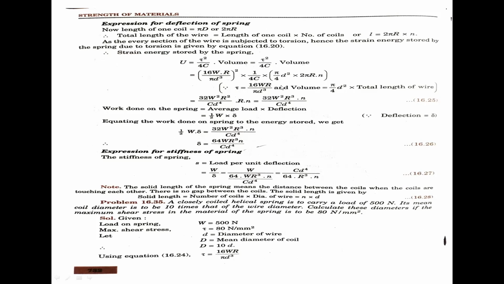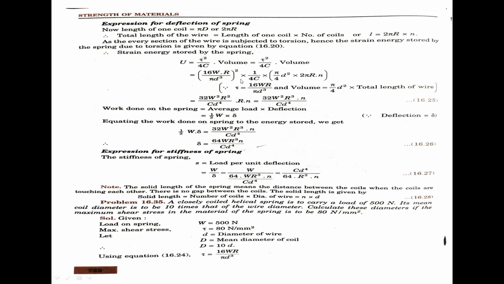Finally, deriving this, we get 32 W square R cube n divided by C d to the power 4. That is equation 16.25.